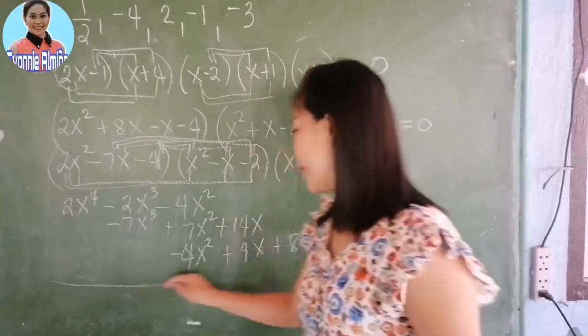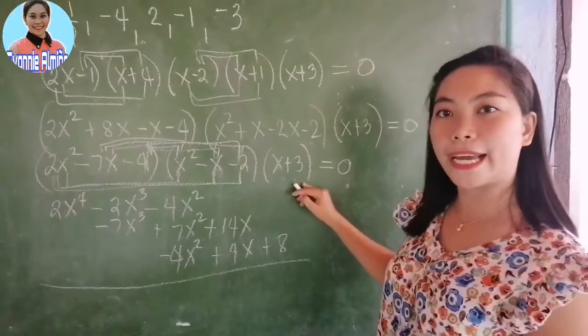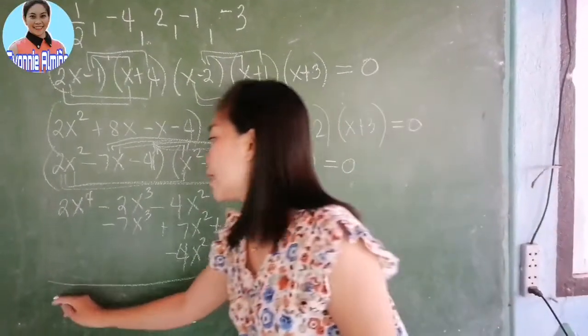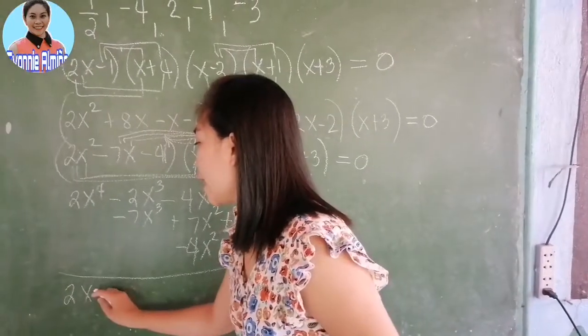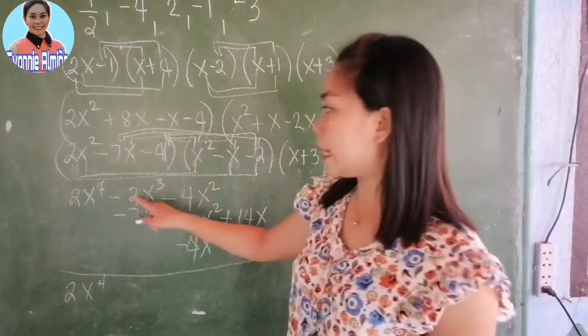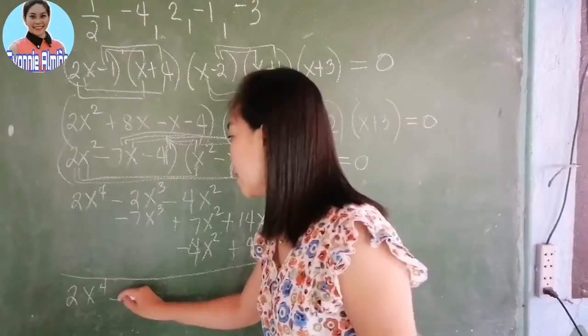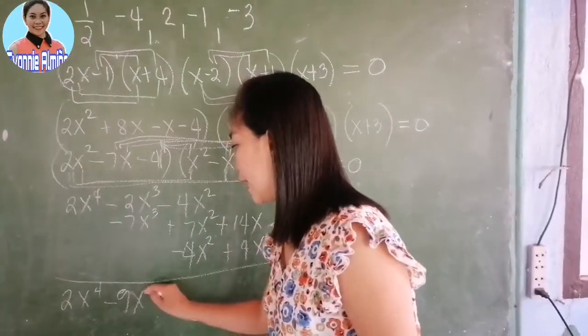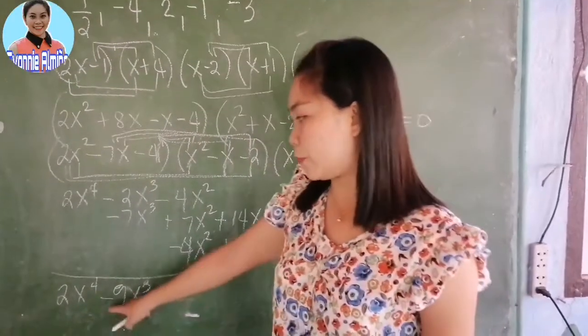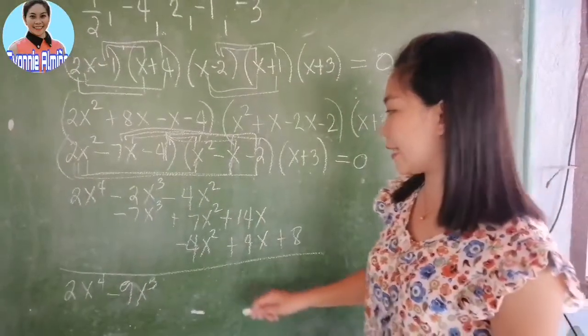So, let us simplify first before we multiply by x plus 3. Then, we bring down 2x raised to 4. Okay, like signs, 2 plus 7 is 9. Bring down x raised to 3. Of course, we copy the sign, which is negative.